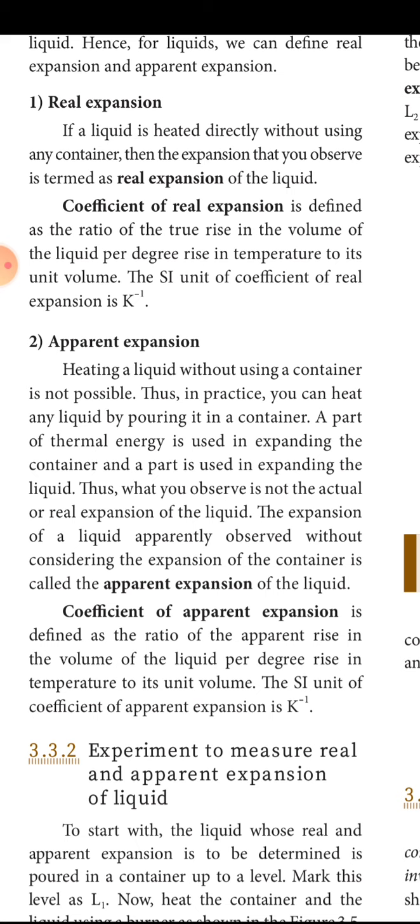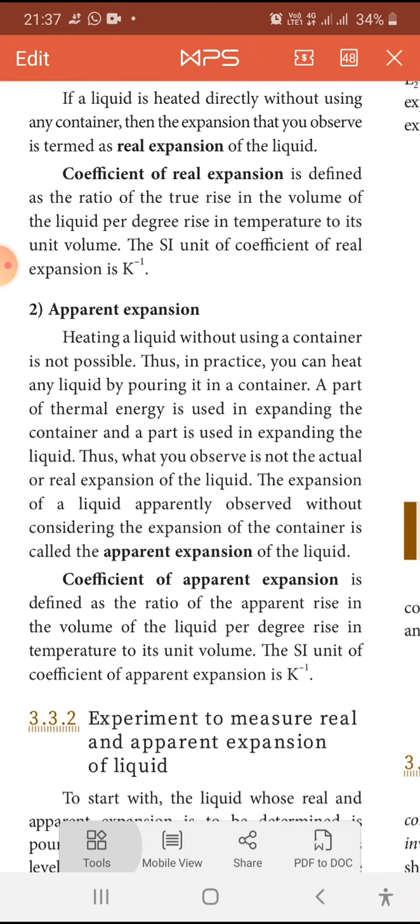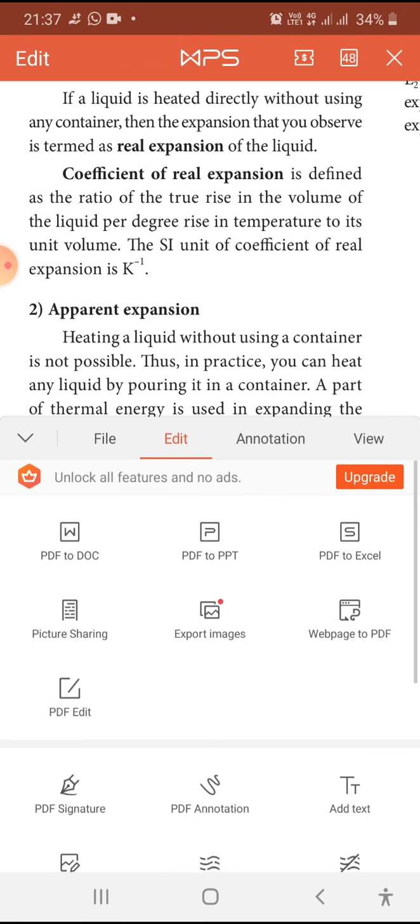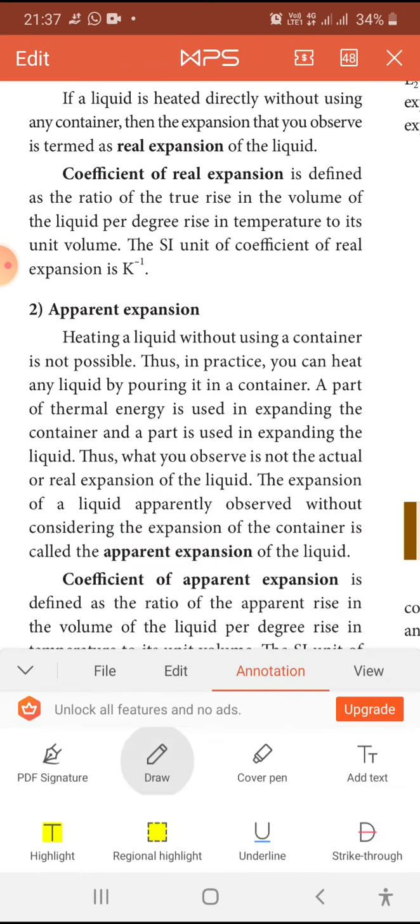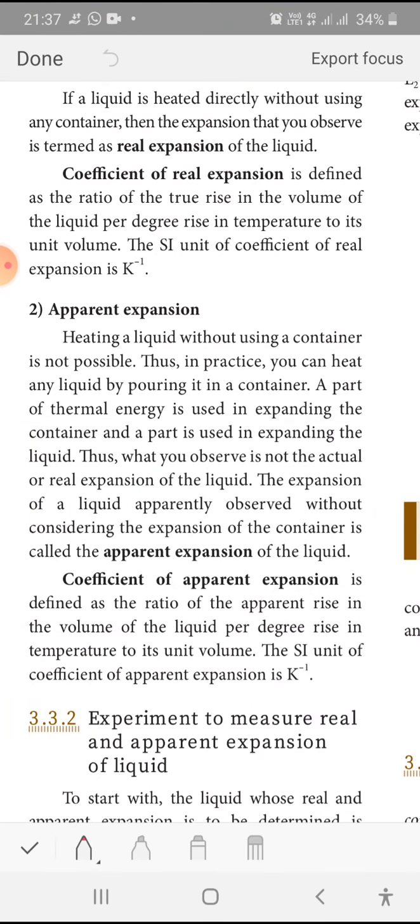Apparent expansion of a liquid is defined as the ratio of the apparent rise in the volume of the liquid per degree rise in temperature. Here the word true won't be there. As in the real expansion, the word true alone will be missing.